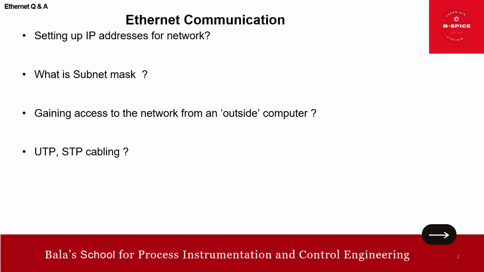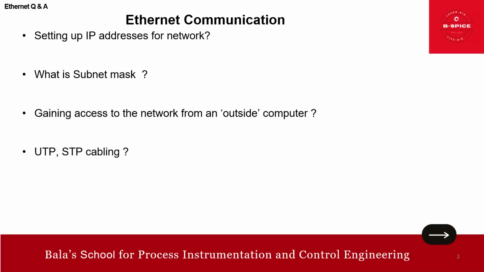UTP is graded according to data carrying ability, meaning level 3, level 4, level 5, like that. And 10BASE-T Ethernet requires at least level 3 cable. Many sites nowadays install only level 5 UTP. So that is the additional information.